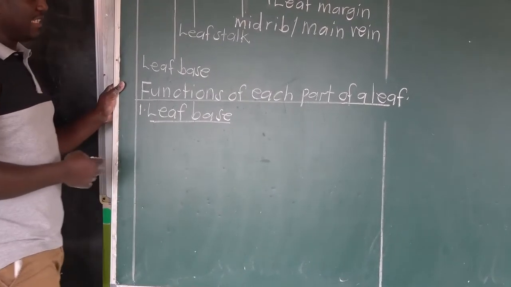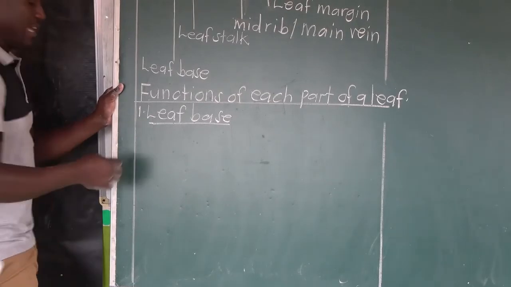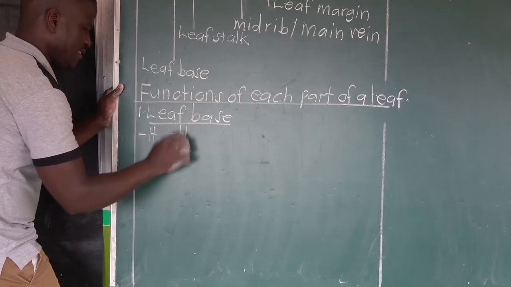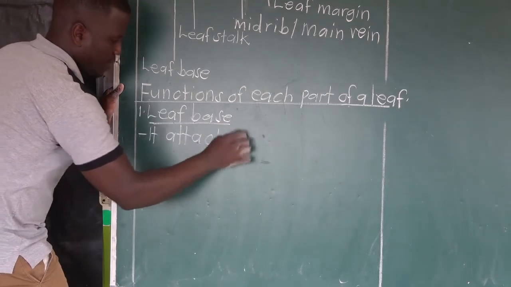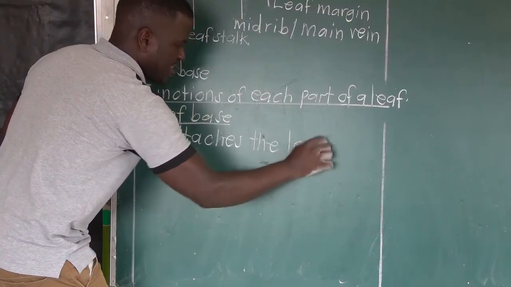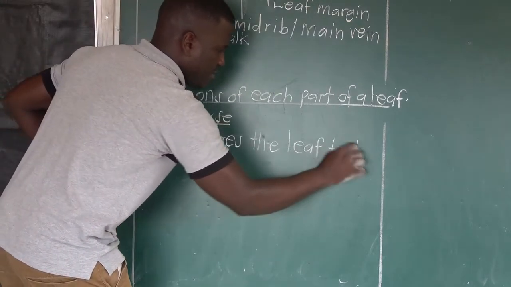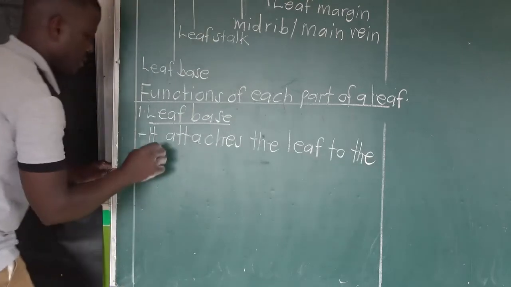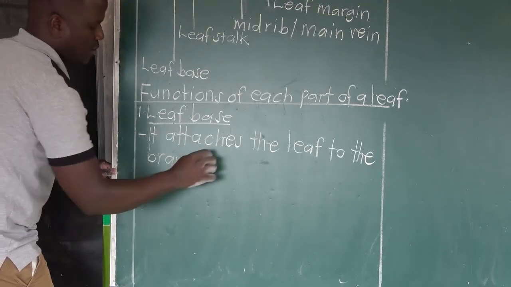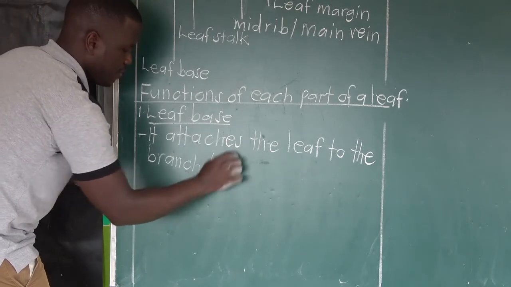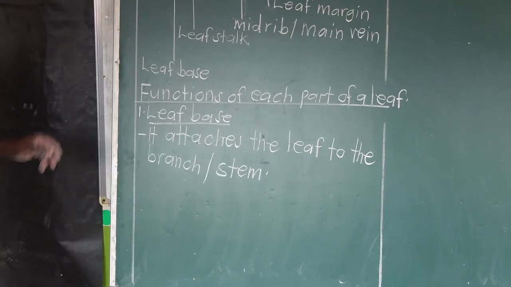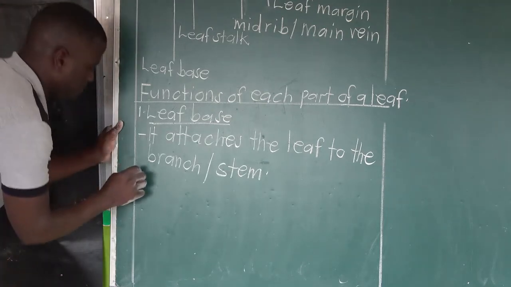We say a leaf base attaches the leaf to the branch or stem.